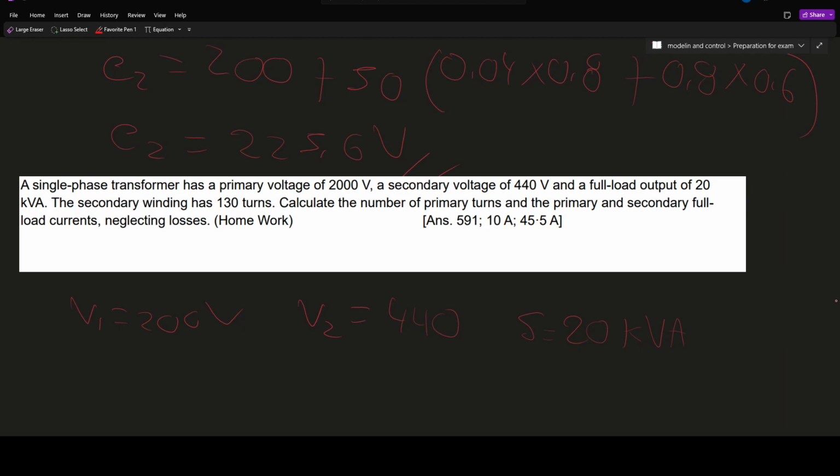Now here there is an error. The primary is 2000 volts. The secondary is 440 volts. We have an apparent power of 20 kVA. We know that the secondary has 130 turns.